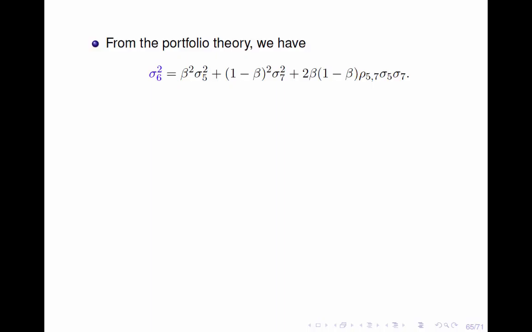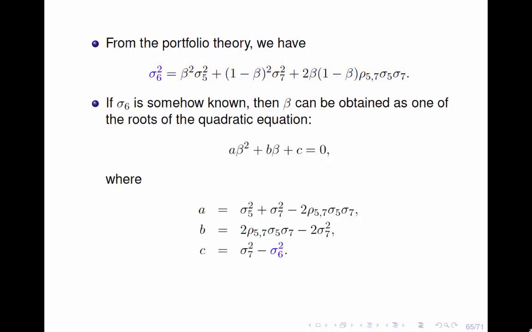Since Z6 is expressed in terms of beta portion of Z5 and 1 minus beta portion of Z7, from the portfolio theory, we get the following expression of the variance of Z6 in terms of the variances of Z5 and Z7, where ρ57 is the correlation coefficient of Z5 and Z7. If sigma 6 is somehow known, then beta can be solved from the following quadratic equation, which is simplified from the above expression.